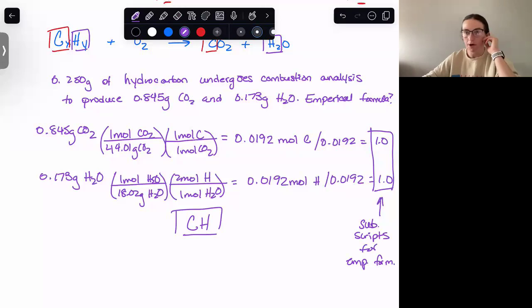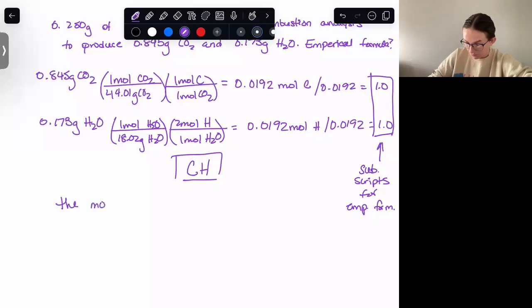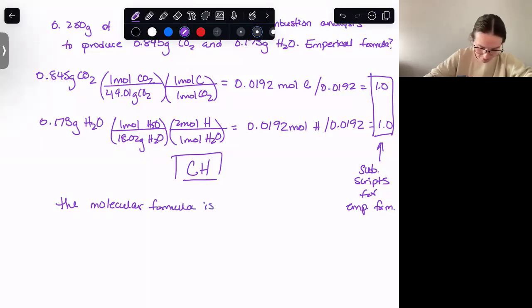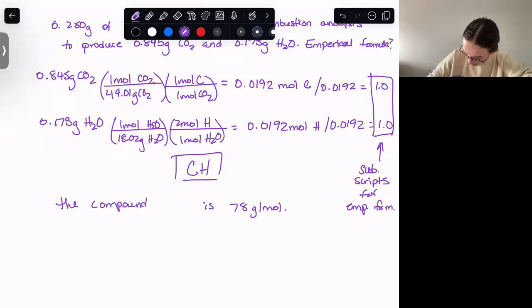Okay, if it asked you for the molecular formula, they might say the compound molar mass is 78 grams per mole.